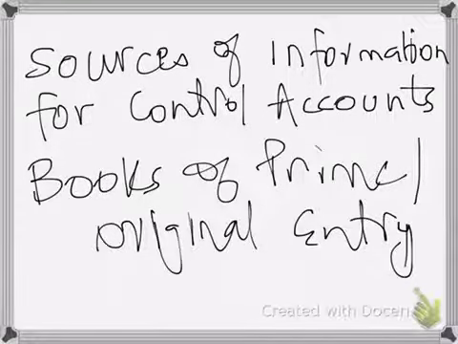So let's say I'm making a sales ledger control account and I need the figure for credit sales, then obviously I will use the book of prime entry, the sales day book, which obviously records credit sales. Similarly, if I want the amount for credit purchases, then obviously I will get this information from the purchases day book. Similarly, the sales returns and the purchase returns day books will also be used.